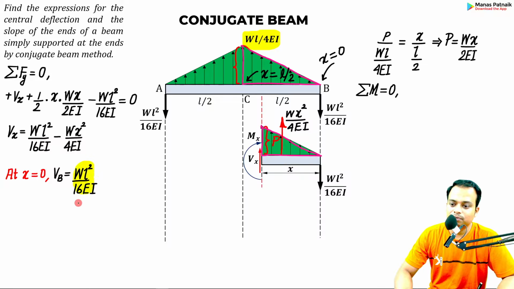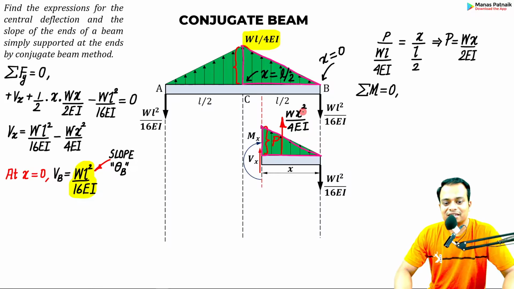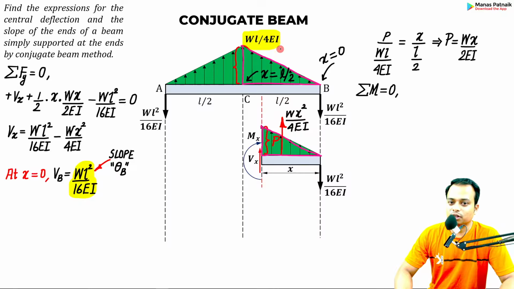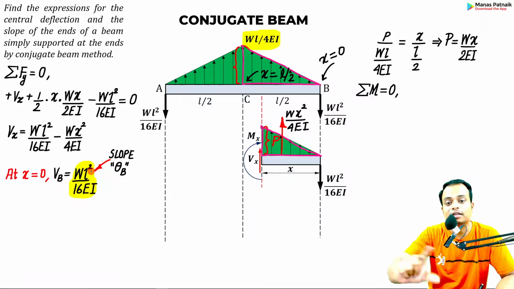Just put the value. x is equal to 0 over here. What you're left with is this first term, WL square upon 16EI. It may be called the shear force for the conjugate beam, but this will qualify as the slope for the real beam.